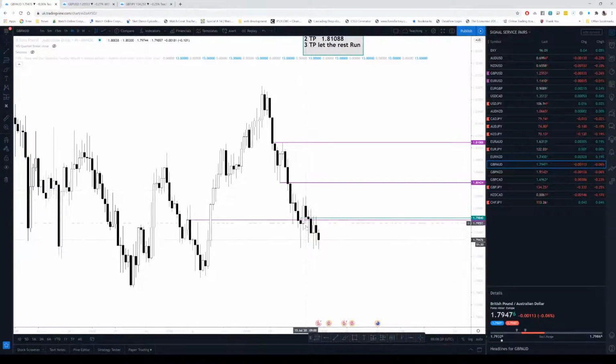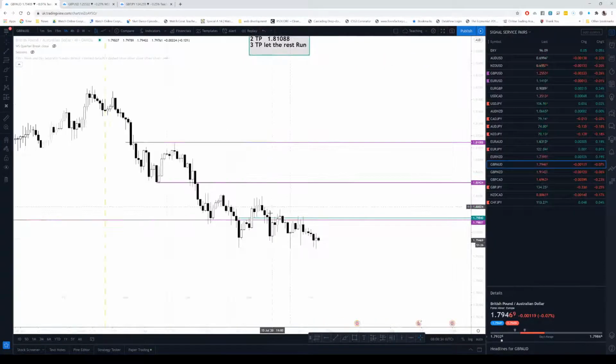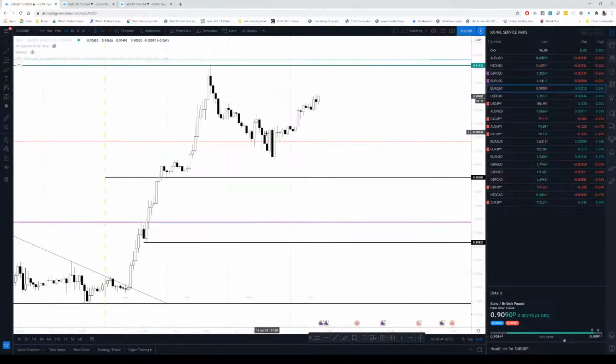Price just lingered around for I think about 3 hours, lingered around for almost 3 hours, and then ultimately smashed down. And this down movement, I would say, came from the pound Aussie pushing above.